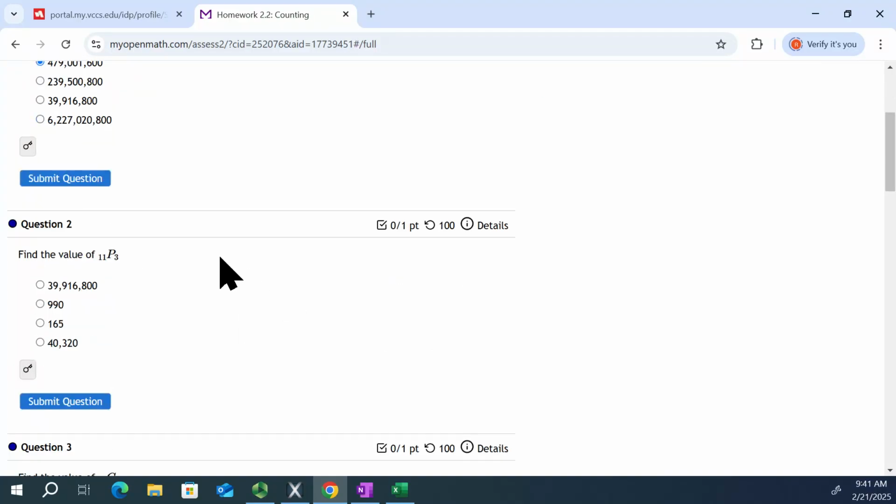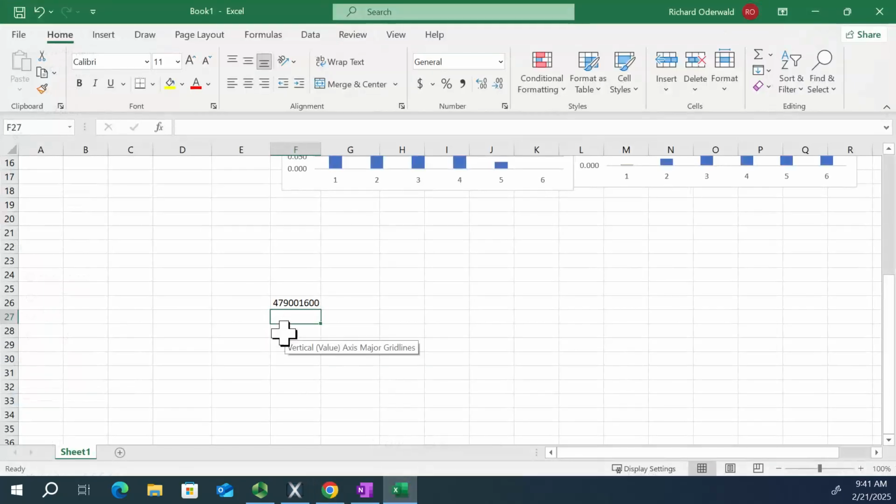This next one is permutations. Permutations are, in this case, 3 things taken from 11. So it's 11 things taken 3 at a time, and order matters. ABC is not the same as CBA. This one is the permute command.